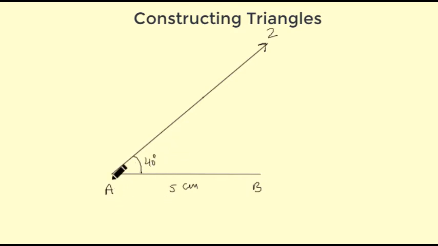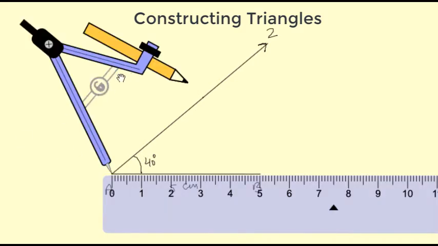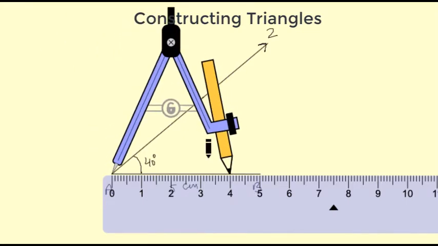right? Now, all you need to do is to draw another line segment on this ray AZ such that it is at a distance of 4 centimeter from the point A, right? So for that, you will need a ruler tool. Let's bring our compass. Open the compass far enough so that it is precisely 4 centimeter long, right? And the metal end is at the right position.